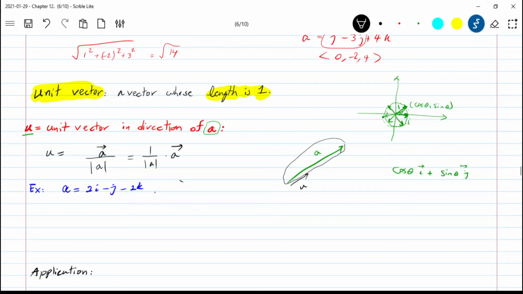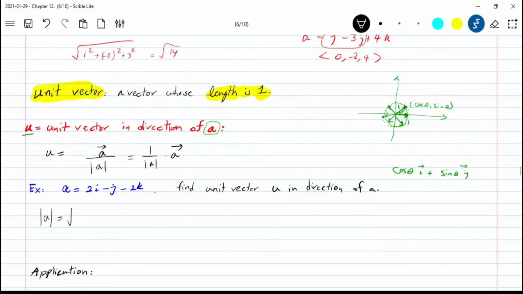If they say find the unit vector u in direction of A, what we need to do is first find the magnitude of A. It will be the square root of 2 squared plus negative 1 squared plus negative 2 squared.